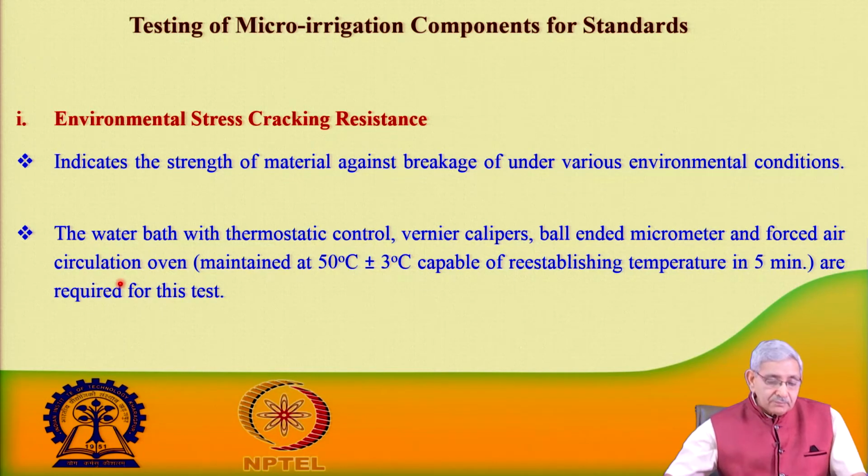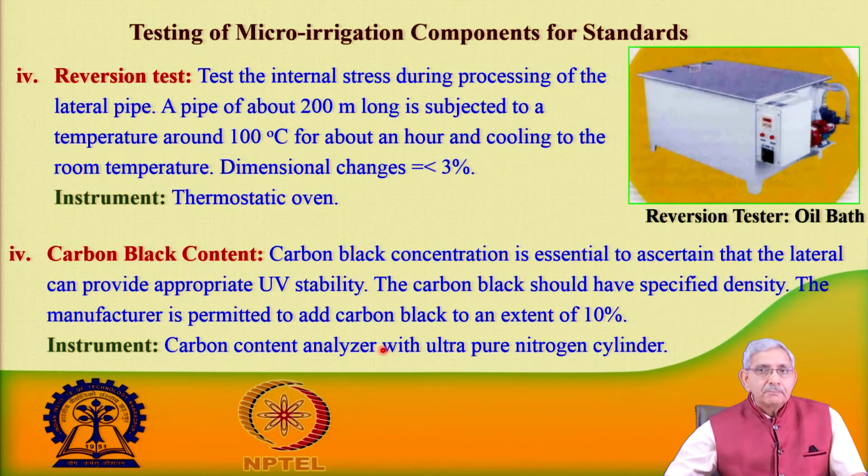A water bath with thermostatic control, vernier calipers that are used for measuring the thickness as well as the elongation, a ball ended micrometer, and a forced air circulation oven are the devices which are used for this environmental stress cracking resistance.